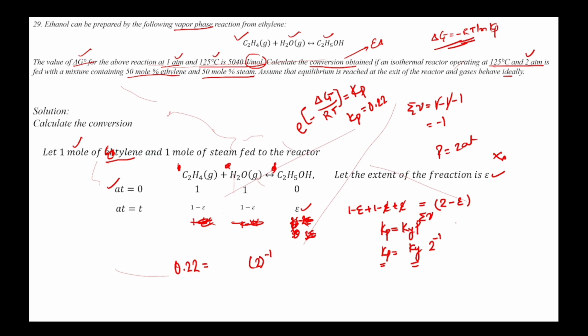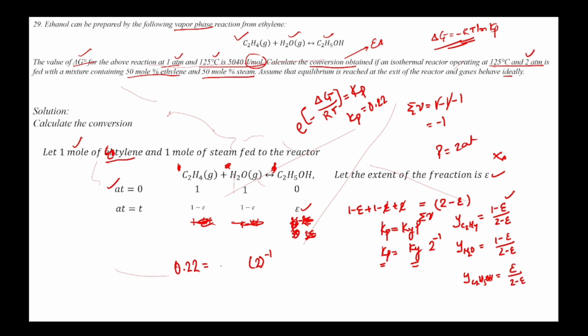So what is the mole fraction? For mole fraction of C2H4 after completion of the reaction, 1 minus E upon 2 minus E, because this remains after the reaction and this is the total moles after the reaction. Y of H2O, 1 minus E upon 2 minus E. Okay, now Y of C2H5OH, it will be E upon 2 minus E.